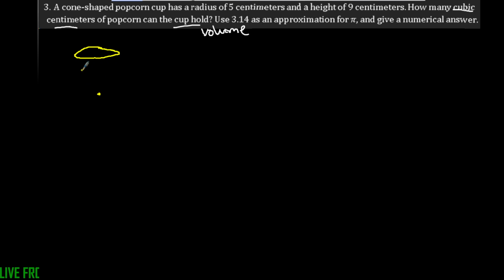So first I'm going to draw that little popcorn cup like this. I'm going to draw that point at the end, connect those sides like so, and label the radius. So r equals 5, and the height, h equals 9. Now that we have our labels, we can find the area of our base. Big B equals pi times the radius squared.